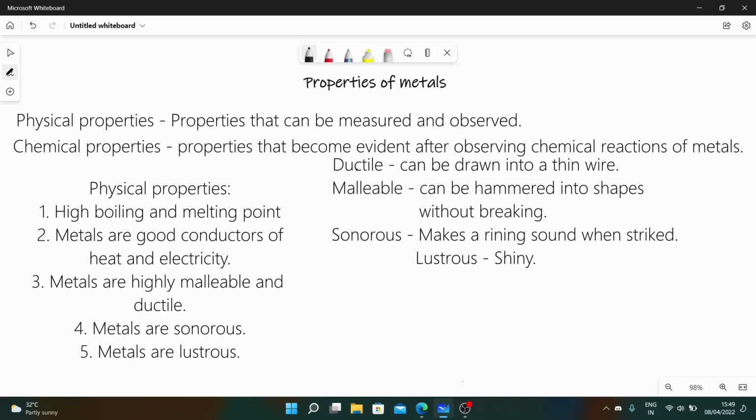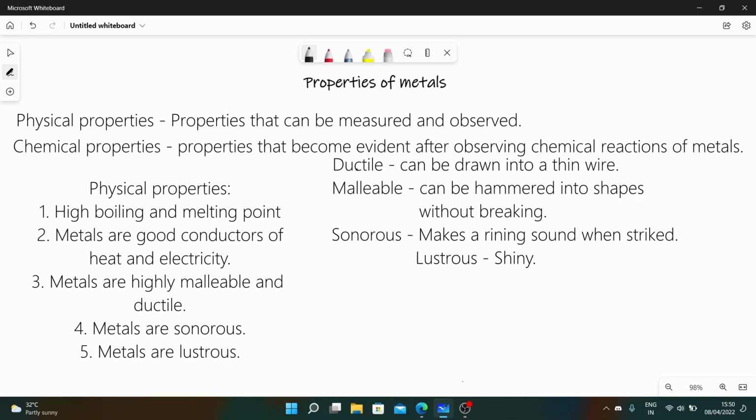Because they are good conductors of heat, the heat from the stove can easily conduct through the vessel and reach the food, which allows for faster and better cooking. We're able to use metals to make a wide range of kitchen utensils and vessels because of their malleability and ductility. It allows us to shape it into various desired shapes. Likewise, metals have various applications which are not just in our houses.